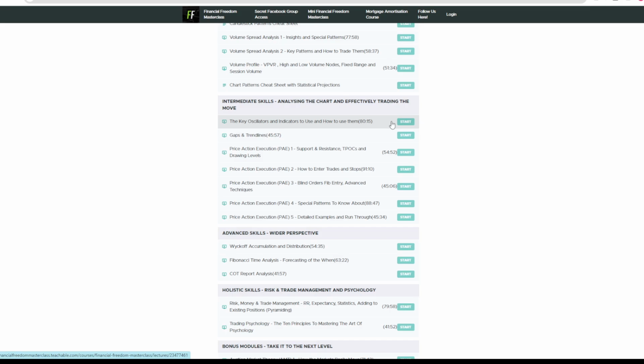There are 3 variables here: price, time, and volume. RSI, OBV, doesn't matter. They're all derived from those 3 variables. So we like to stick to, as primary indicators: price action, auction market theory, volume, Elliott wave, and fibs. Those are the primary tools of analysis, around which 99% of the masterclass is designed.